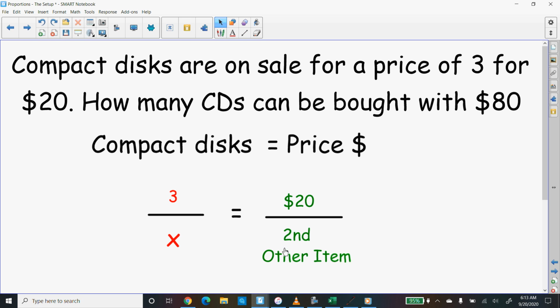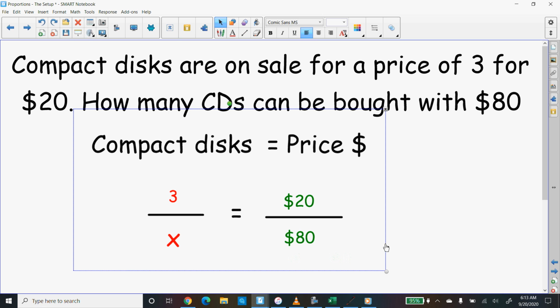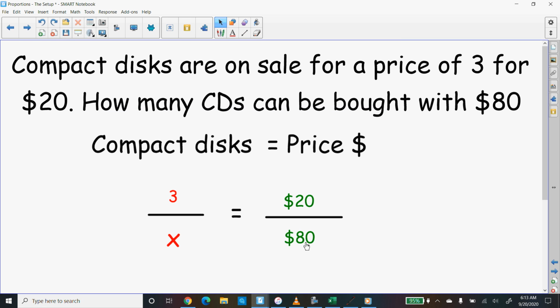Now, what was the second item of the other item? Well, they talked about the price, so that price was $80. So the $80 was the price. So notice we have our prices over here, $20 over $80, and our compact disc over here, 3 over the how many? x compact discs.